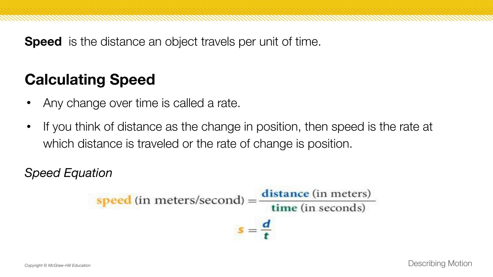So distance, miles over a unit of time, hour, right? In science, we use metric. So typically in this class, we're going to be using things like meters per second, millimeters per second. We're never going to use customary. So that's exactly what you do. You divide your distance over your time, just like miles over hours.